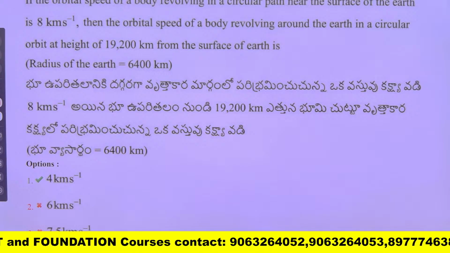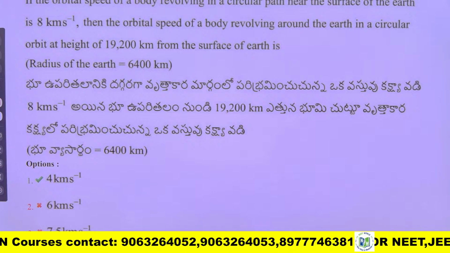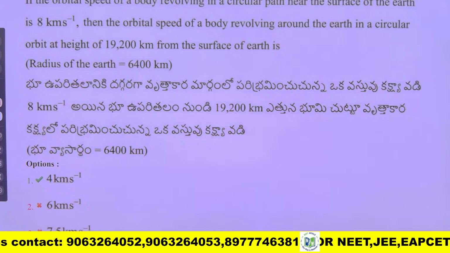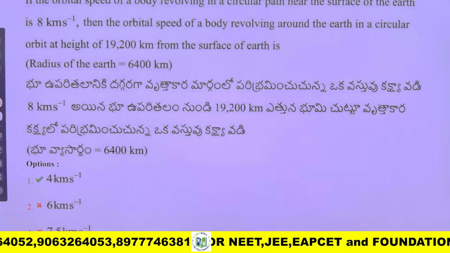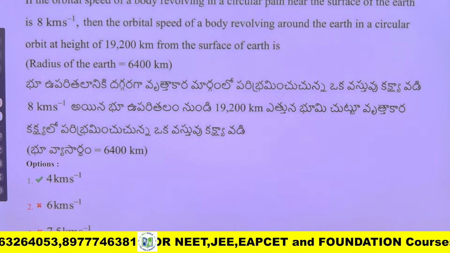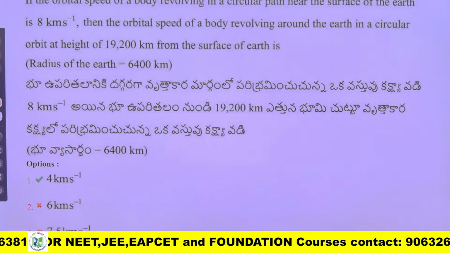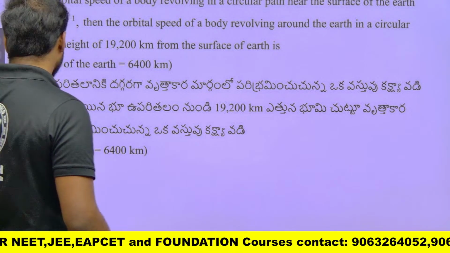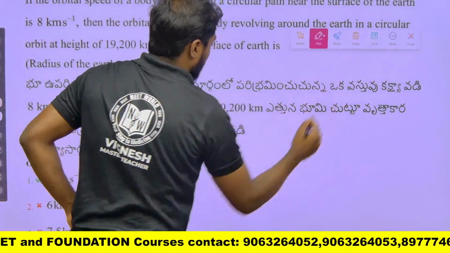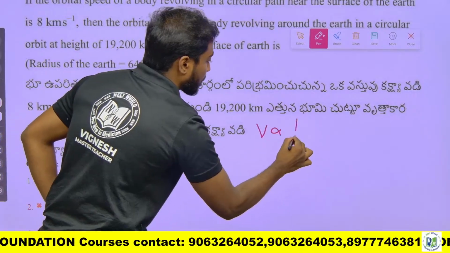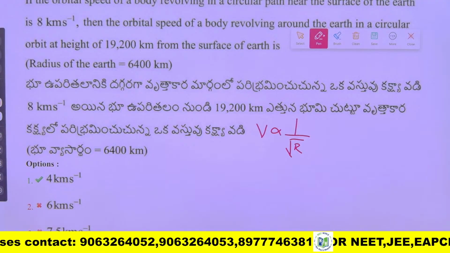We'll solve the question now. So V is inversely proportional to root R. So V1 and V2 I need to take.